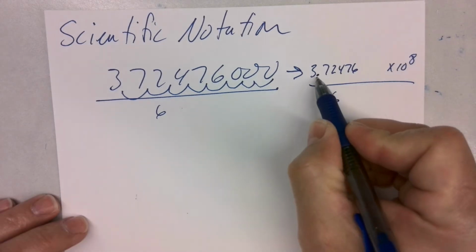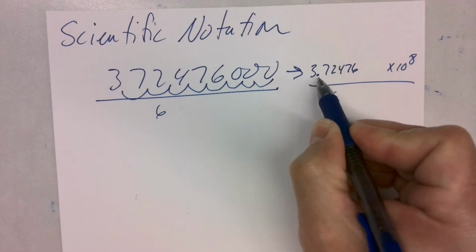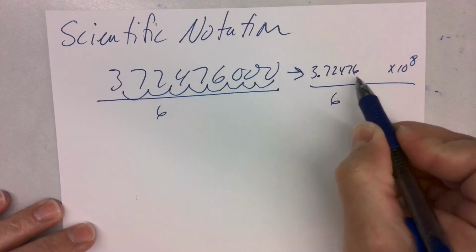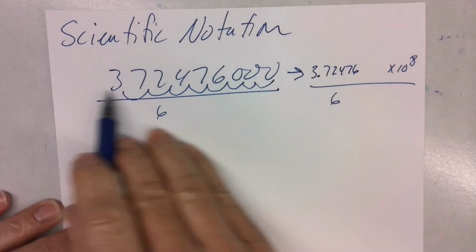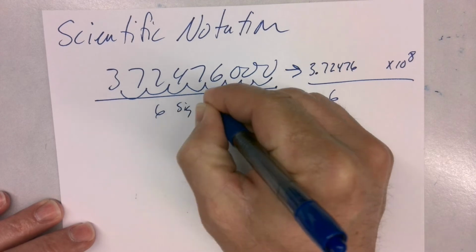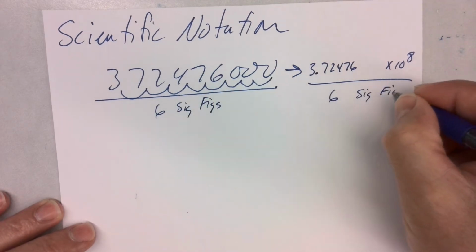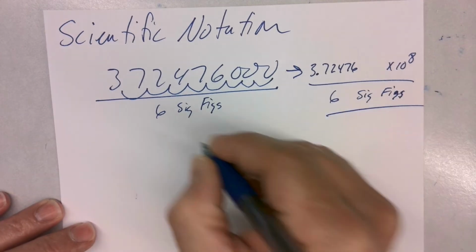Your decimal can only have one number in front of it, so that's always the same. But then the decimal places just have to match. This has 6 sig figs. This must have 6 sig figs. They must be the same.